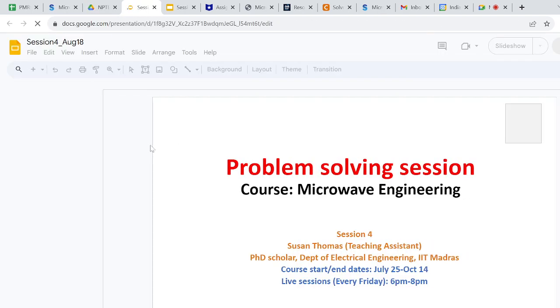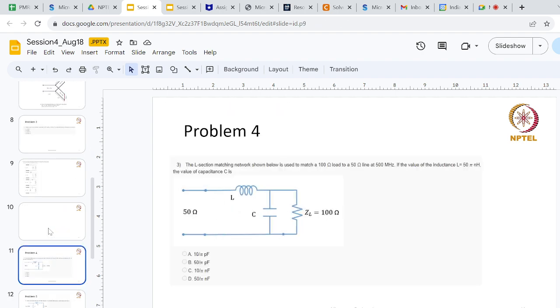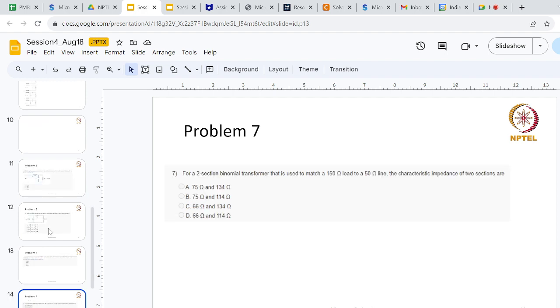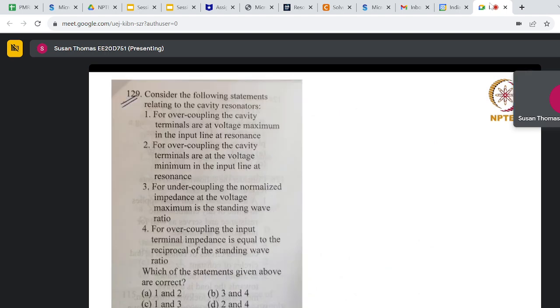Yes, madam, you told the answer, but I don't know how to take this ln. I think in the calculator it is clearly mentioned, ln, right? So you can distinguish in the calculator itself. Here I need to find the x value. Okay, understood. Binomial transfer. Got it. Thank you, madam.